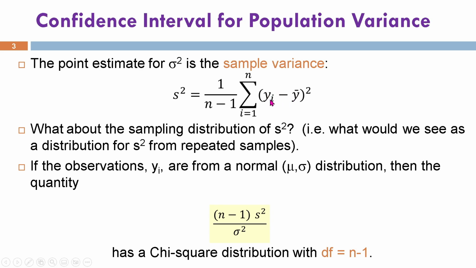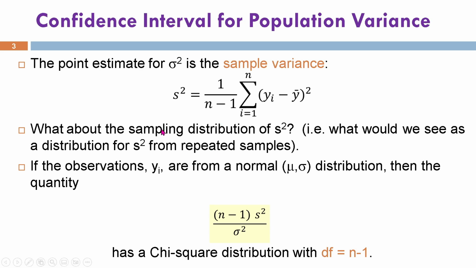Each data of y, you minus the mean of the data y, then you square it, divide by n minus 1. This is the sample variance.